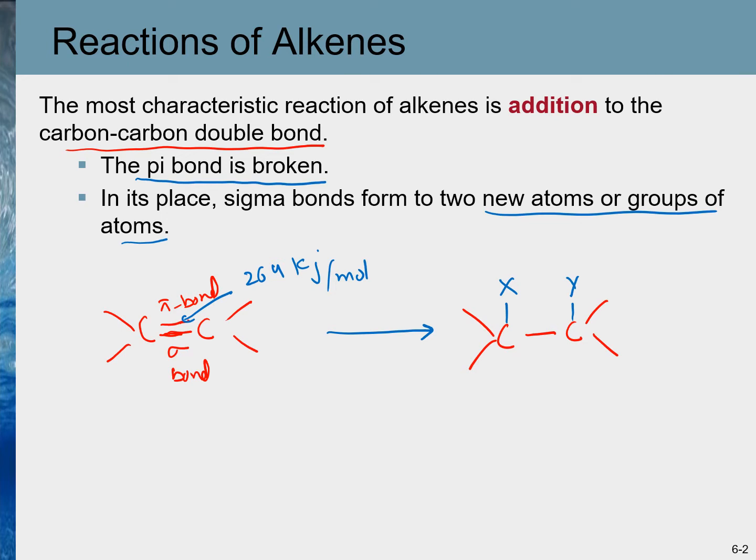The double bond, of course, is not there anymore. So because pi bonds can be easily broken down, alkenes show a wide variety of addition reactions.